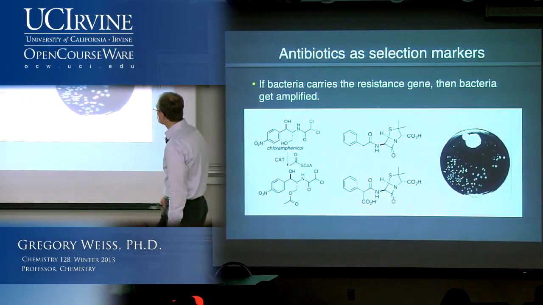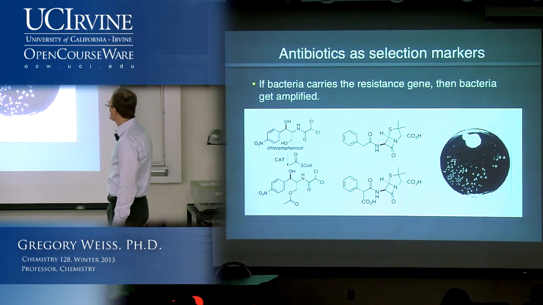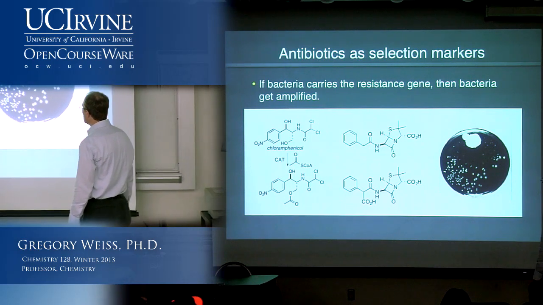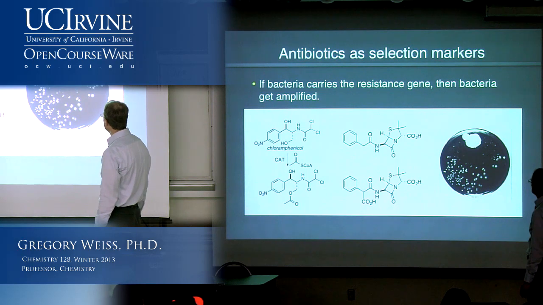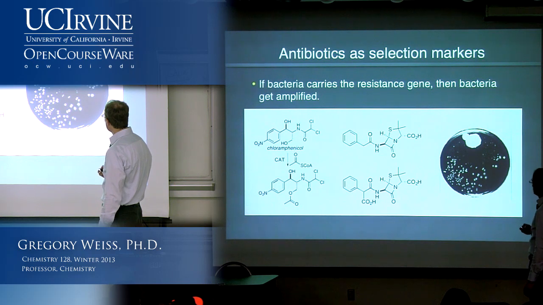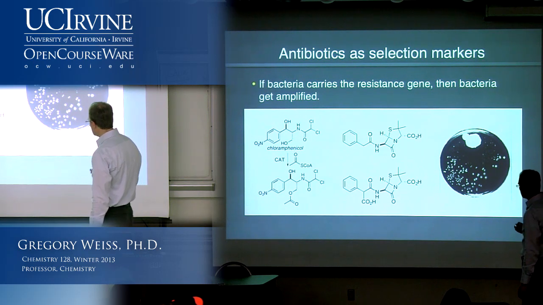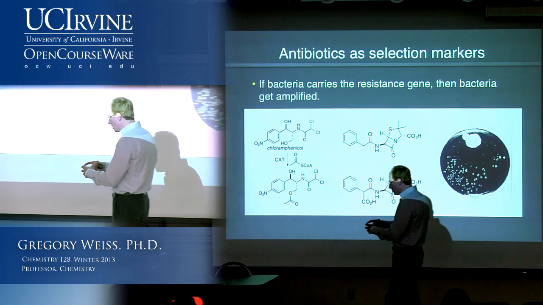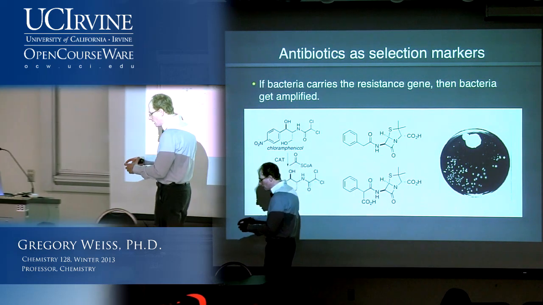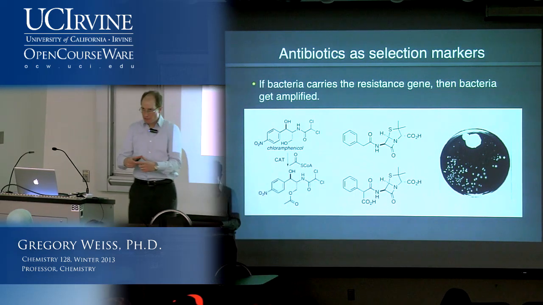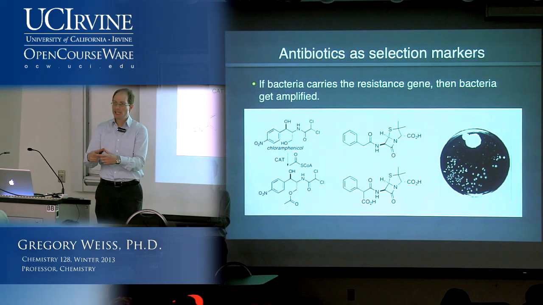Okay, here's some other classic examples of other antibiotics that are used in my laboratory and other chemical biology laboratories as selection markers for drug resistance. The way this works is we'll coat the bacterial cells on a plate, and the plate has agar, which I'll show you the structure of very shortly. It's isolated from seaweed.